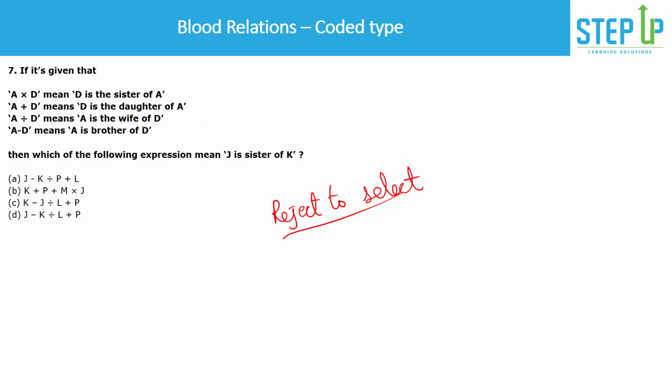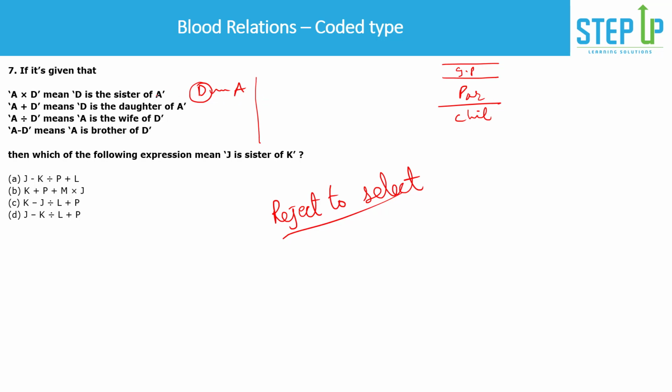Okay, so first I say that A into D means what? D is the sister of A. That means if somebody says A into D, this means what? This means D is the sister of A, correct? Also, if you note one thing, here in terms of the generations, like I told you, let's say grandparents are here, and let's say parents are here, and then let's say the children are here, right?